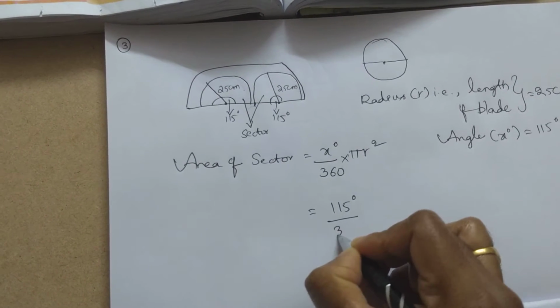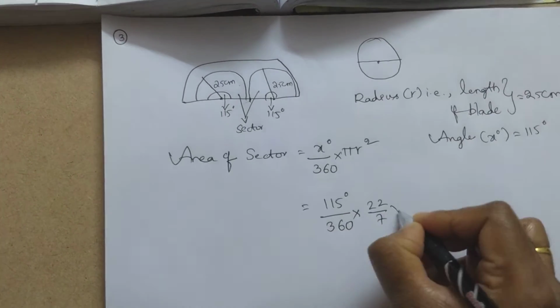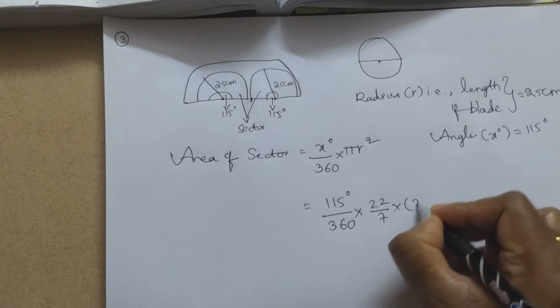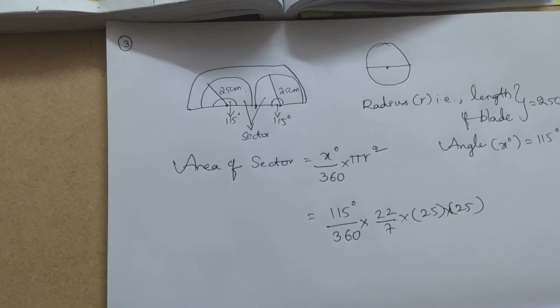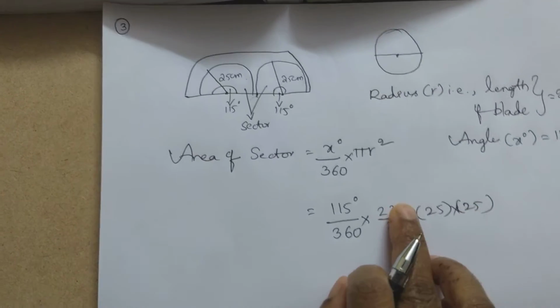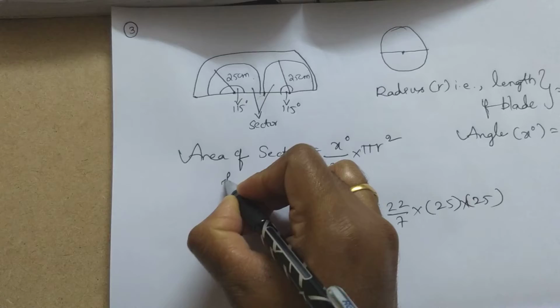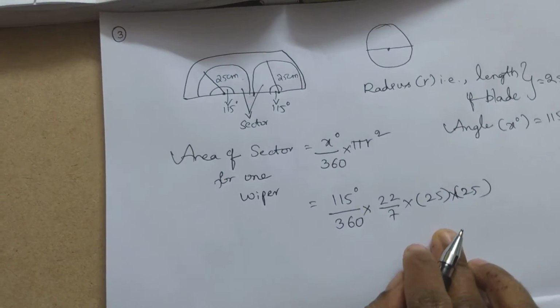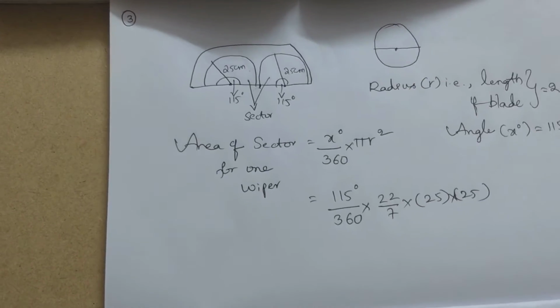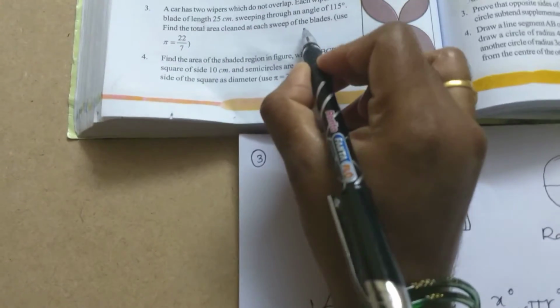115 degrees by 360 into pi r square. What is r here? r is nothing but the length of the blade. r square means r into r. This is the area of sector for one wiper. In the question, they asked us to find the total area cleaned at each sweep of the blades.